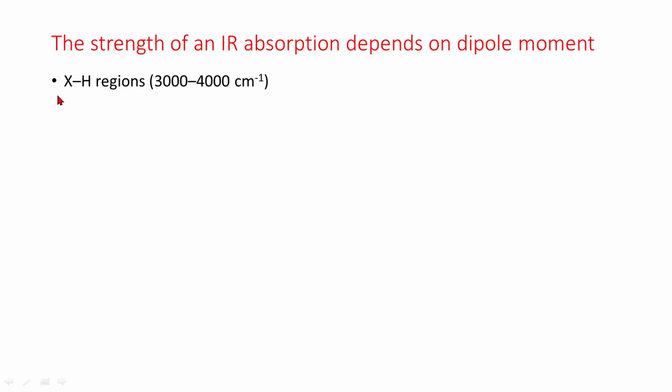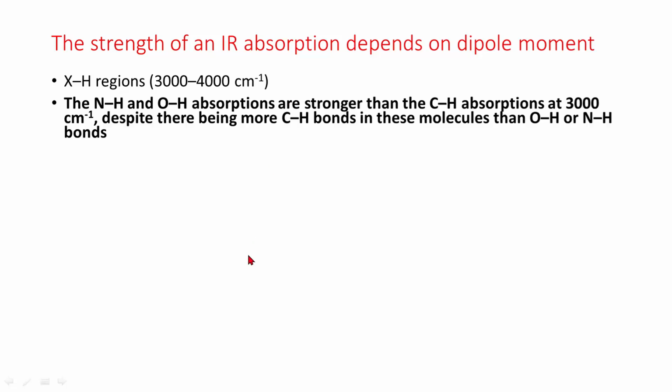If we see the XH region from 3000 to 4000 cm⁻¹, the NH and OH absorptions are stronger than CH absorptions despite there being more CH bonds in these molecules than OH or NH bonds.